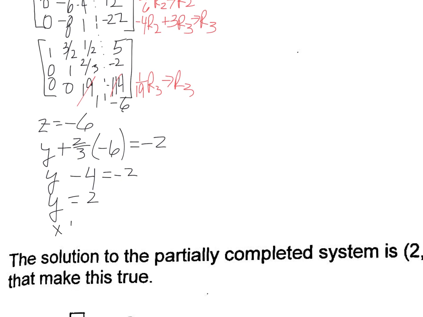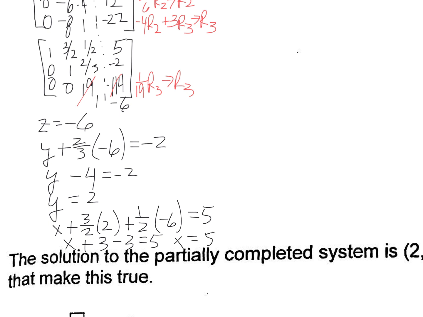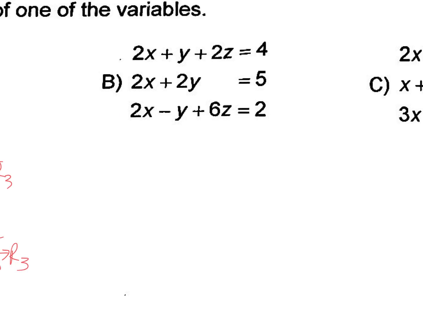Excuse me, x plus 3/2 y equals 2 plus 1/2 z, which was -6, equals 5. So we have x plus 3 minus 3 equals 5, so we get x equal to 5, and that gives us our coordinate 5, 2, -6.